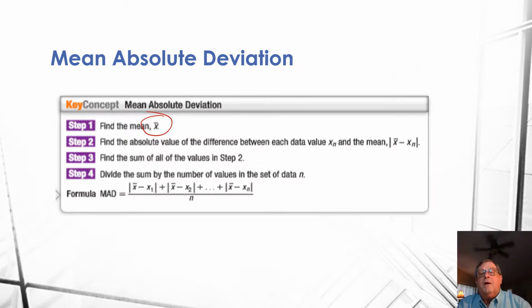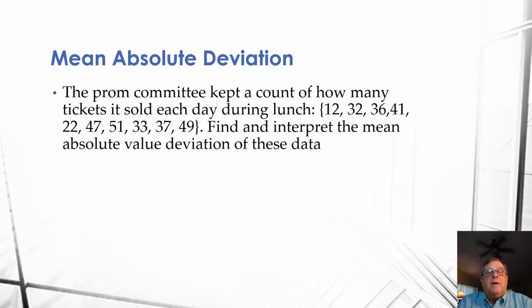Now let's go over here and look at a set of data and see what we can come up with before we move to the calculator. All right, so here we've got a problem. It says that the prom committee kept account of how many tickets it sold each day during lunch. So they sell tickets to the prom, must have quite a class.